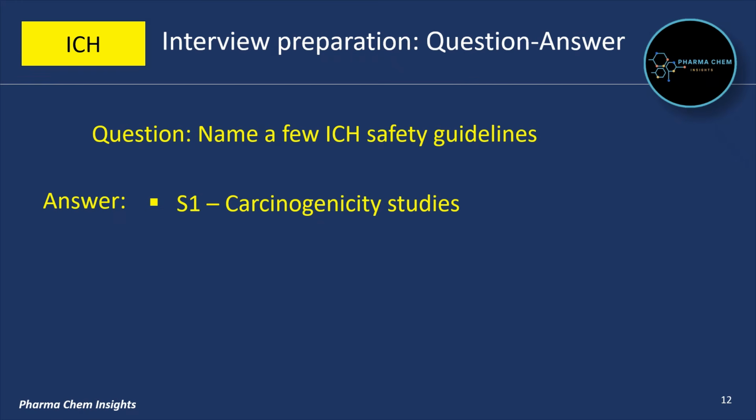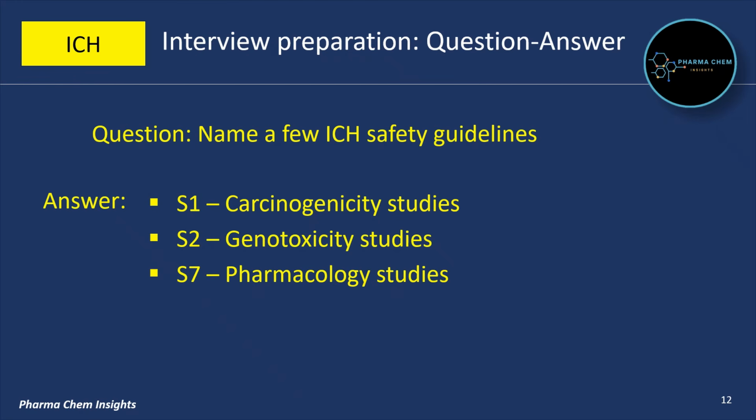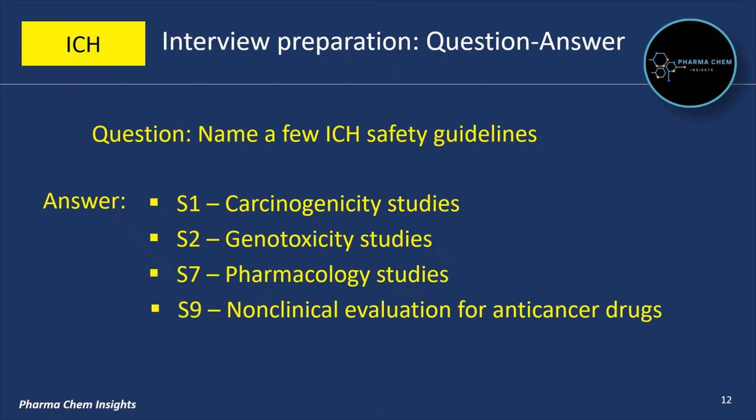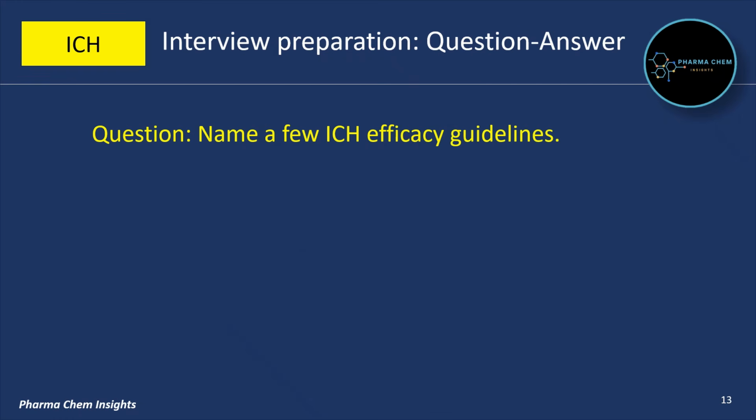First, S1, this is related to carcinogenicity studies. S2 guideline, this is related to genotoxicity studies. S7 guideline, this is related to pharmacological studies. And S9, this is related to non-clinical evaluation for anti-cancer drugs.